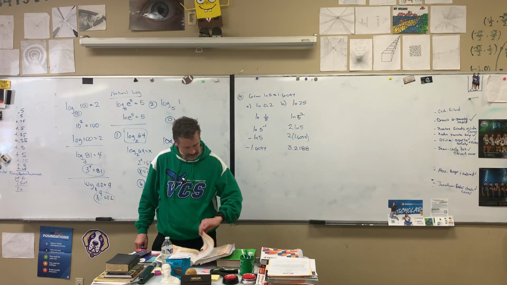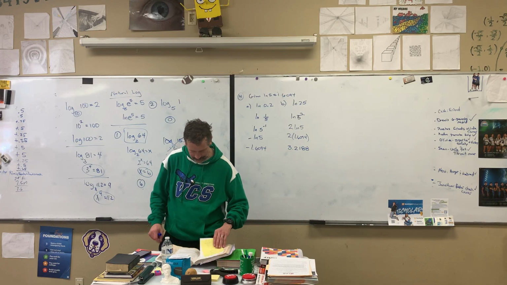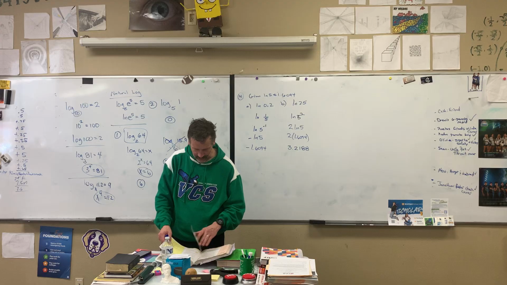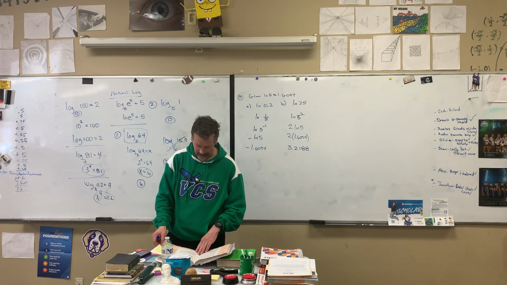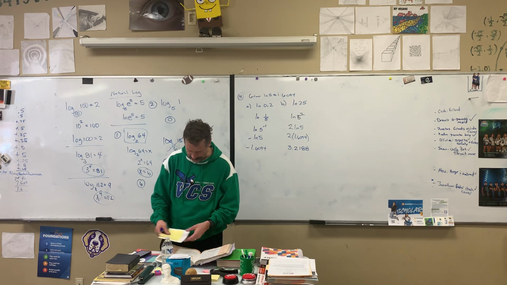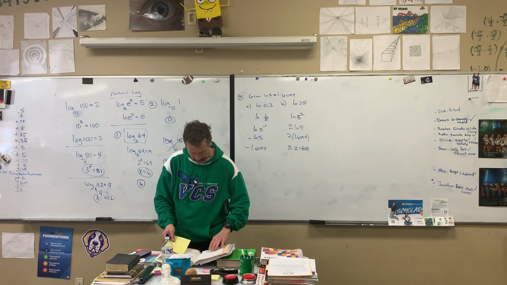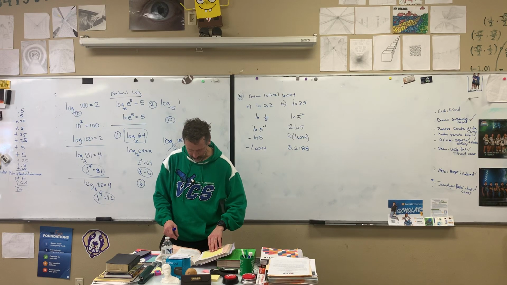Then you're going to have something that they talk about. It's not like it's reviewed a lot or tested or anything, but it's interesting. Page 191, they talk about the decibel level. On a decibel level, they have this little formula.